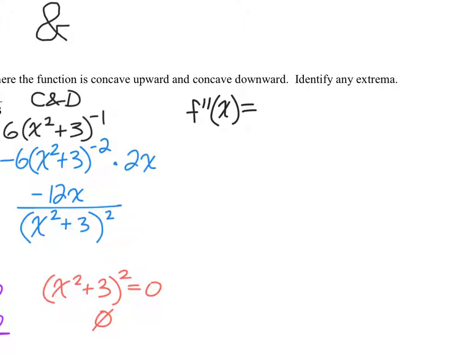Quotient rule, a little baby chain rule mixed in there, nothing too crazy. So low D high, so that's going to be negative 12 times x squared plus 3 squared, minus the high, so minus negative 12x, so plus 12x.